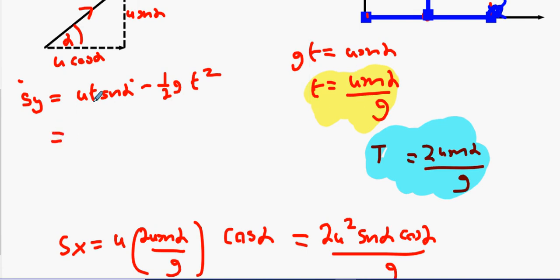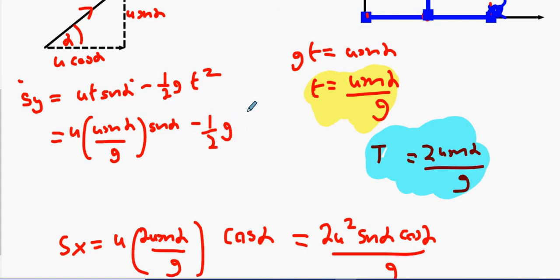So, u by u sine alpha over g times another sine alpha minus a half g. Now what do I have to do with that bracket? I'm going to have to square it, haven't I? So I'm going to square it out: u squared sine squared alpha over g squared.